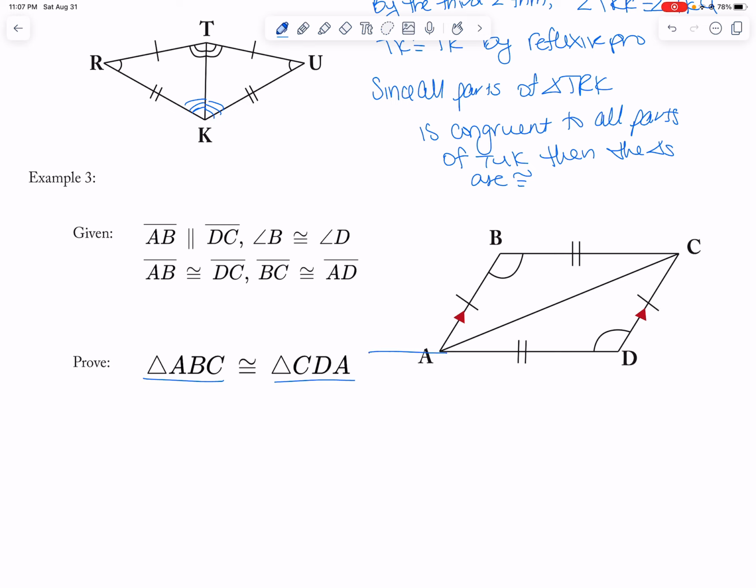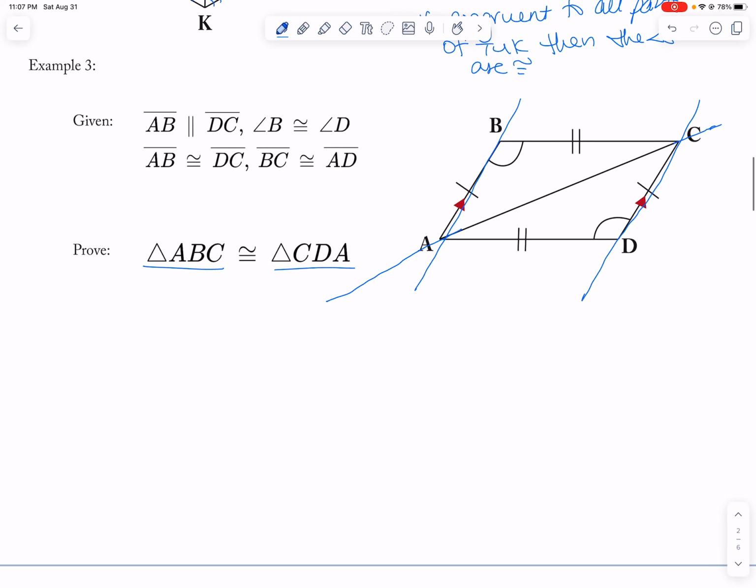I would probably want to extend out my parallel lines so then I can talk about my parallel lines cut by a transversal. So let's see, statements, reasons.